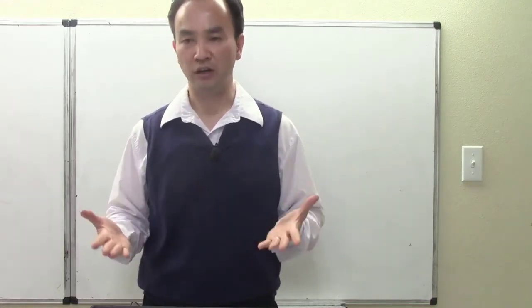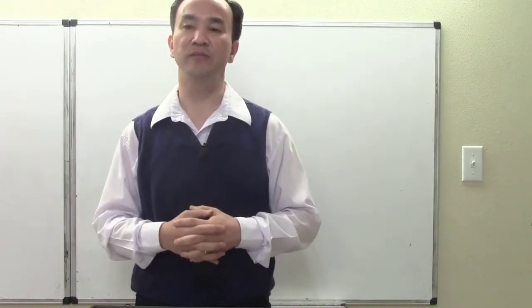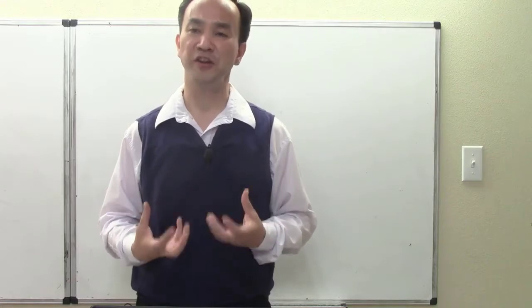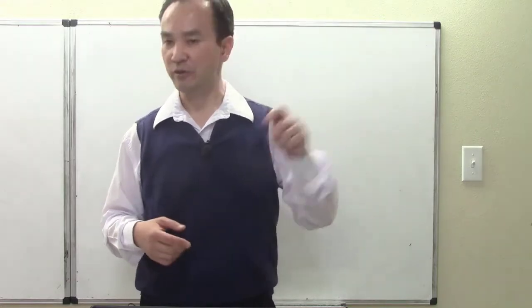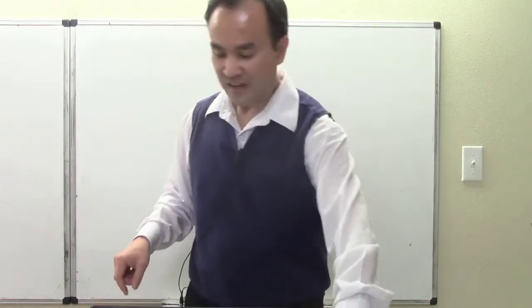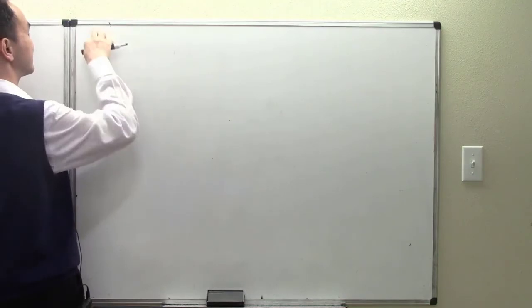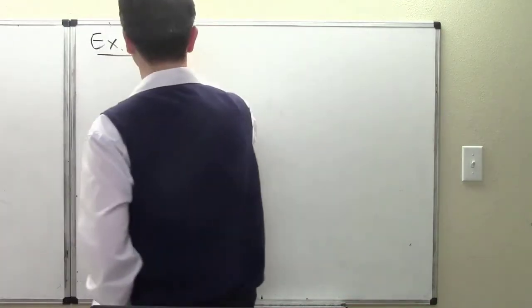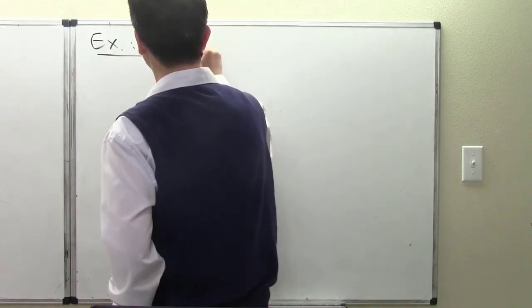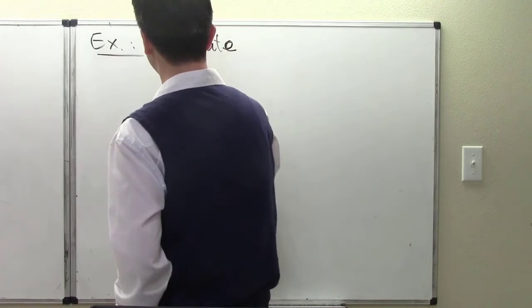Somewhere along the way, or near the end of the example, I should be able to point out what's special about this particular example. So here we go, let's get into it. In this example, let me bring up a problem where we want to evaluate an indefinite integral.